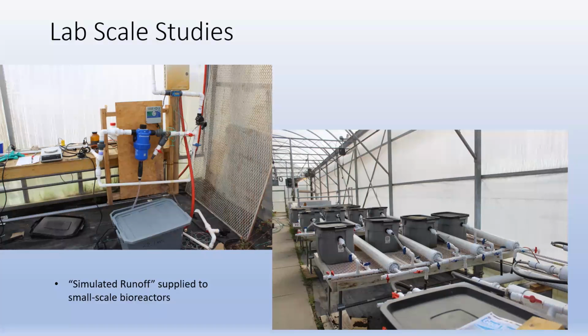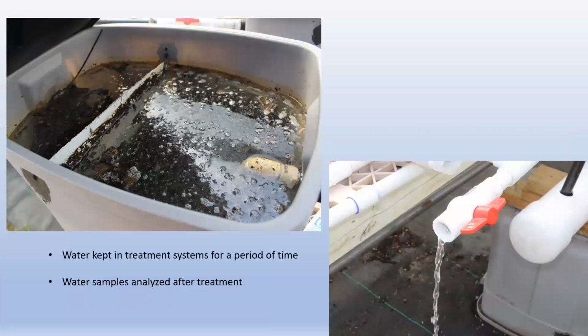And what we did is we created this simulated runoff. We didn't have runoff from a farm that we collected. We made our own, right? And this simulated runoff, we mixed up some fertilizers, some pesticides into a bucket and injected them into each of these bioreactors. So this is under the hood of one of those bioreactors.